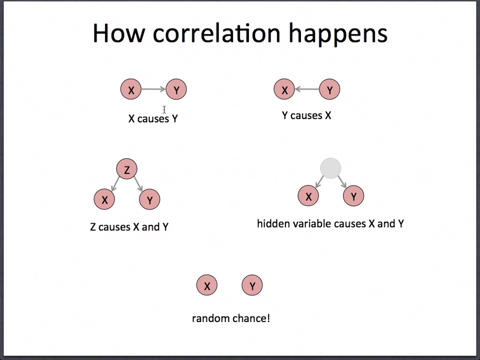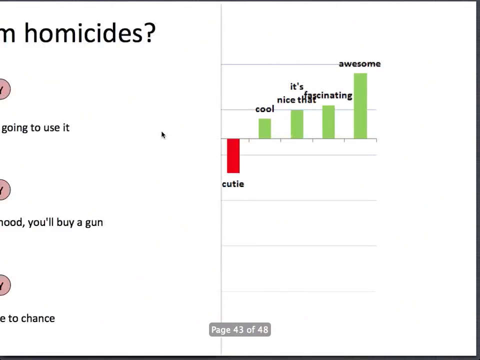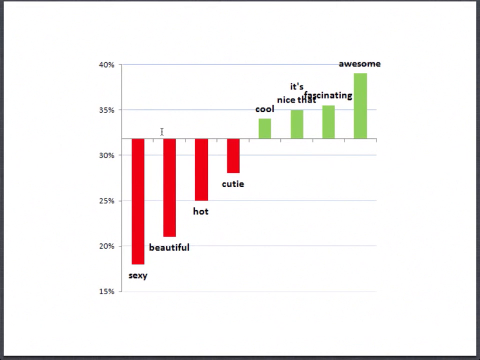There's something else. Or these two are the same, except sometimes you can see what it is and sometimes you can't. So in this case, we're looking for a variable that causes both her not to write back and a guy to use the word hot. So what's the variable that causes both of these things?